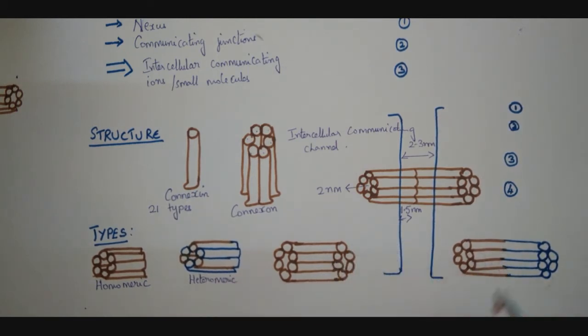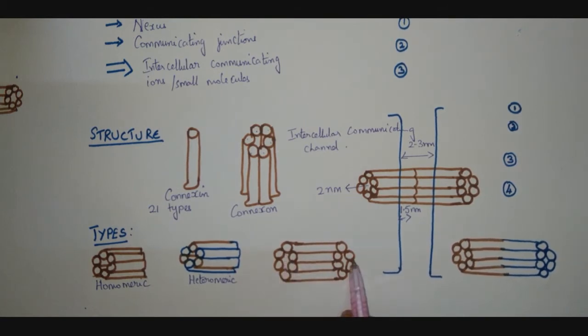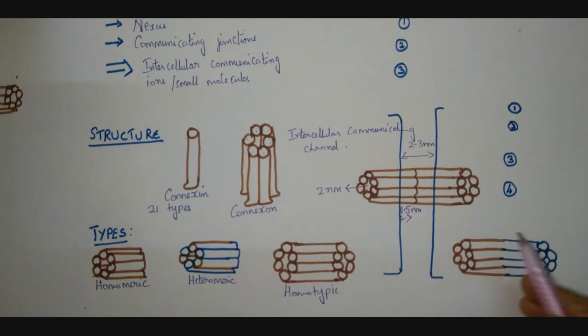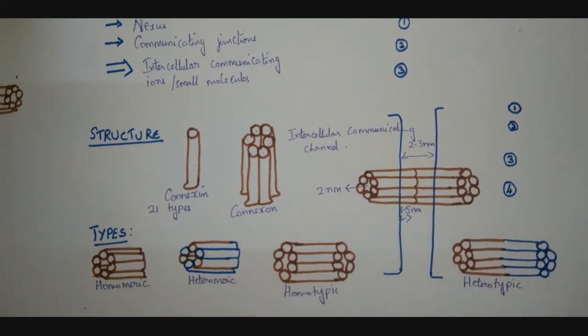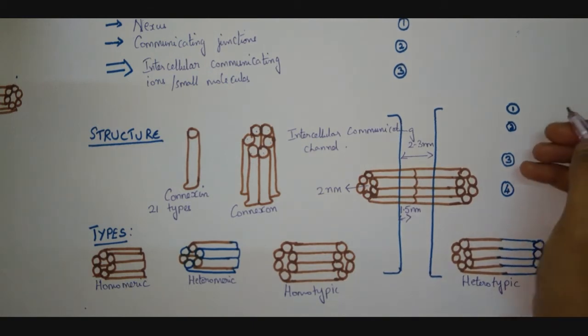Whereas if the communicating channel that is formed is made up of the same type of hemichannel, it is called homotypic. If it is made up of different types of hemichannels, then it is called heterotypic.